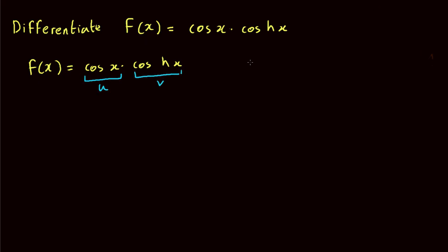We know that u is cosine of x, and du over dx is negative sine of x, whereas for v it is cosine hyperbolic of x. Then dv over dx in this case would be sine hyperbolic x.